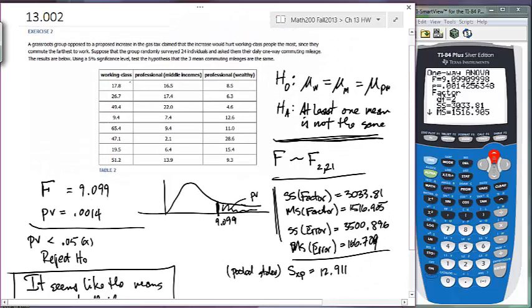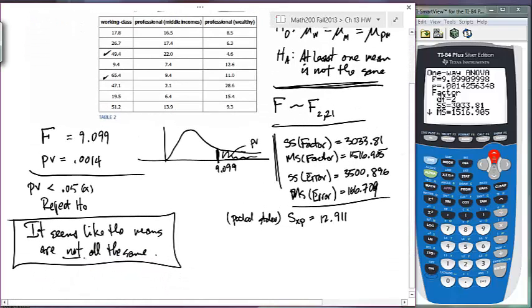Now, it doesn't say that the working class has more mileage, although if you look at a couple of these numbers, it looks like they might. There's further analysis for producing that information. But our hypothesis test, at least for this, is just to check if the three mean commuting mileages are the same, and we've shown that they are not all the same.